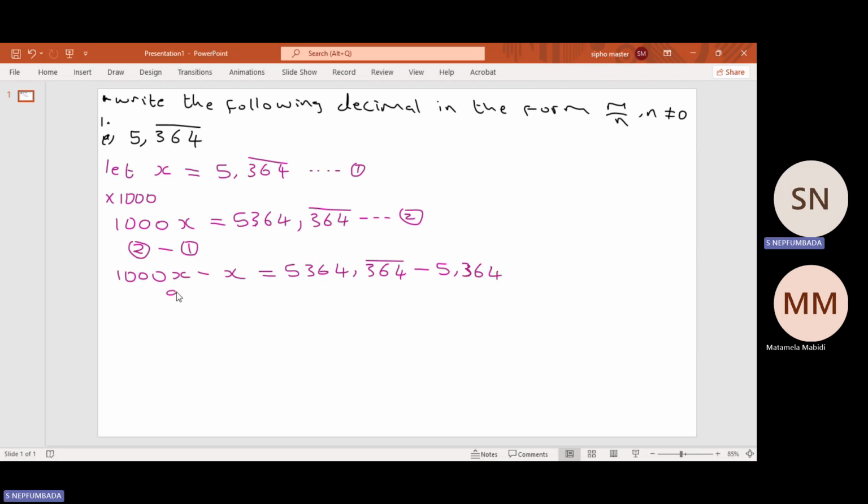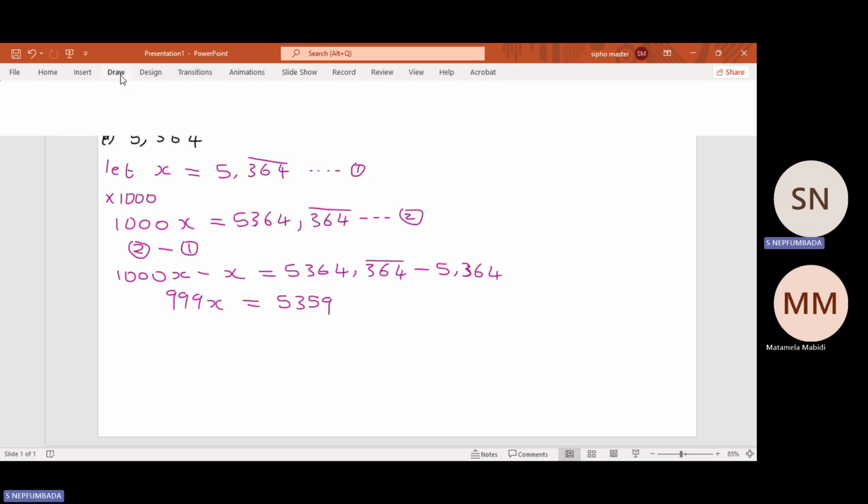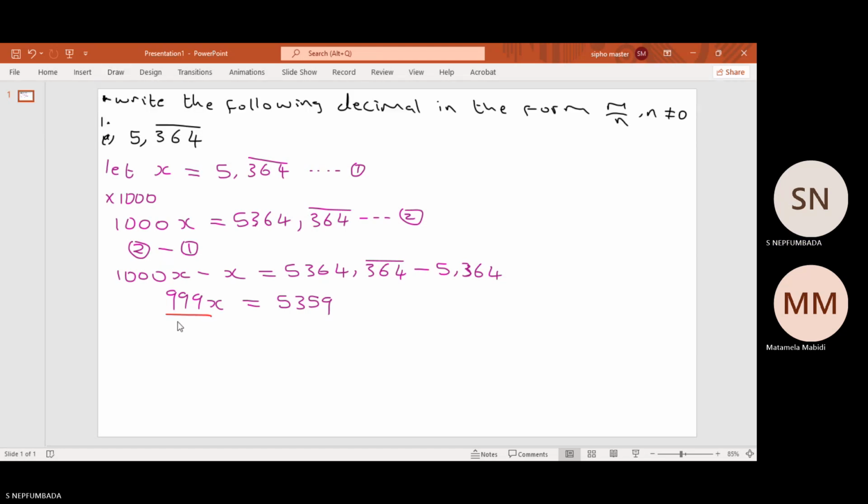Then here we're going to have 999x equals 5359, right? Then we divide both sides by what? By 999. We divide both sides by 999.